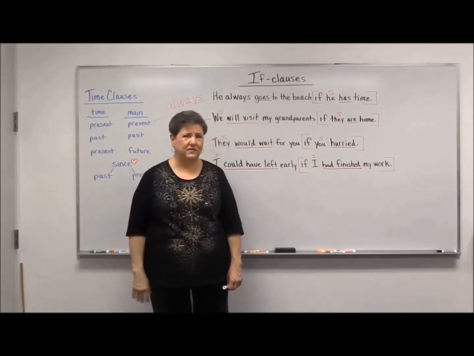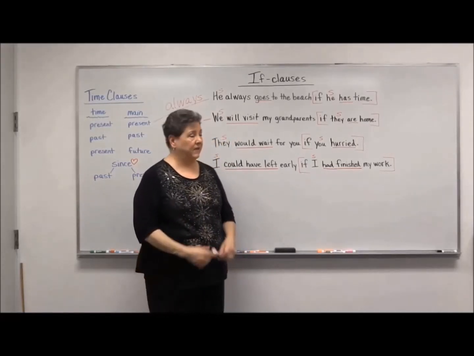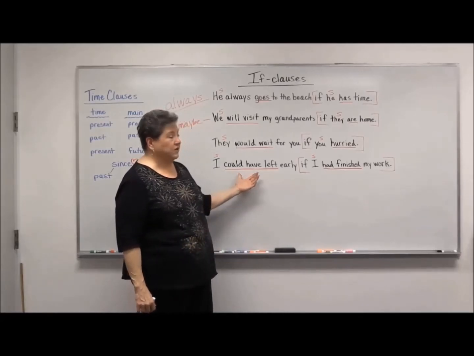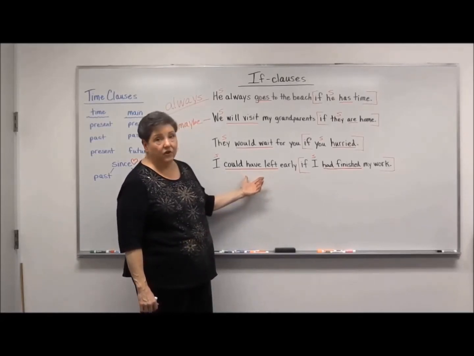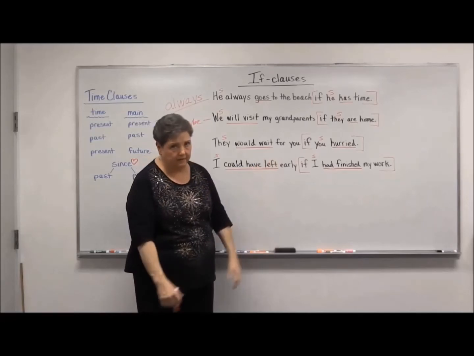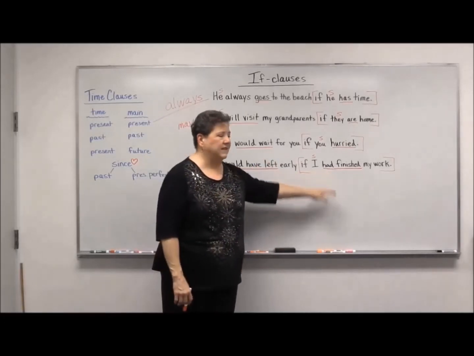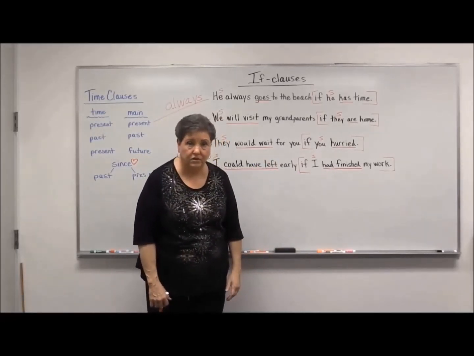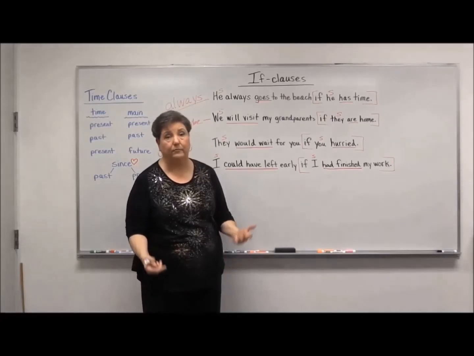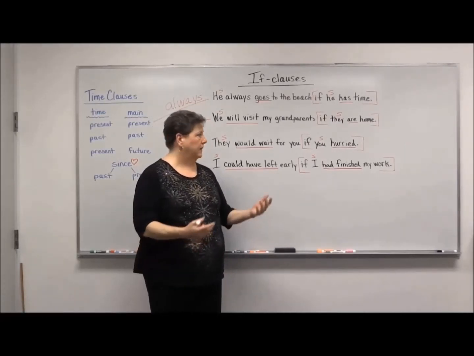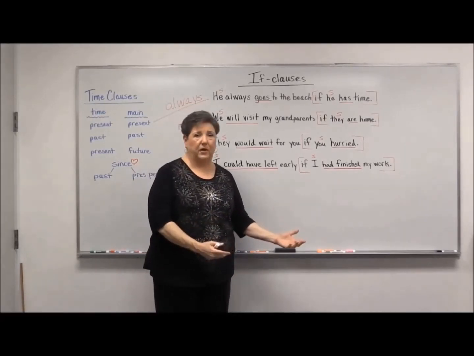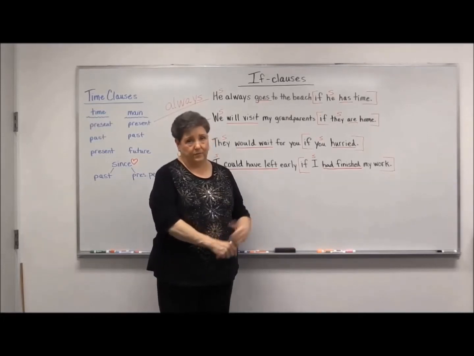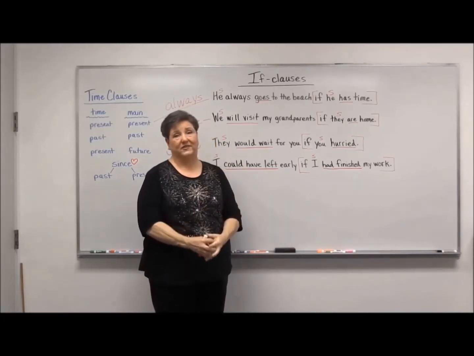So both of these actions didn't happen. So the question is, did I leave early? No, I didn't leave early. Why? Because I didn't finish my work. So I could have left early, but I didn't. Why? Because I didn't finish my work. If I had finished my work, I could have left early.